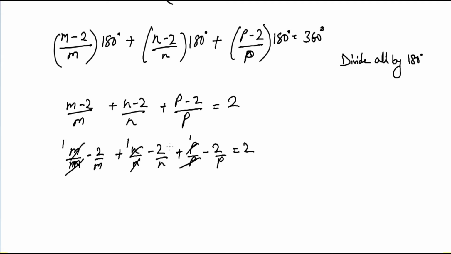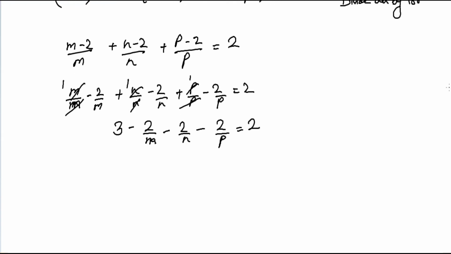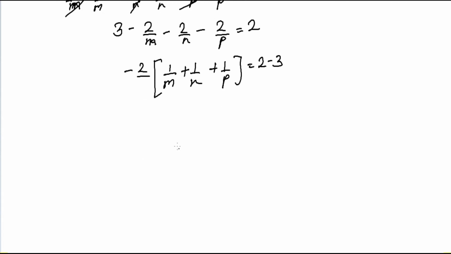Now this m cancels, n cancels, p cancels, so these all become 1, right? So we can add them together and it becomes 3 minus 2 by m, 2 by n, then 2 by p, equals 2. Now this 3 can go to this side and it becomes minus 2. We can take the minus 2 common, so we are left with 1 by m plus 1 by n plus 1 by p equals 2 minus 3, which is minus 1.